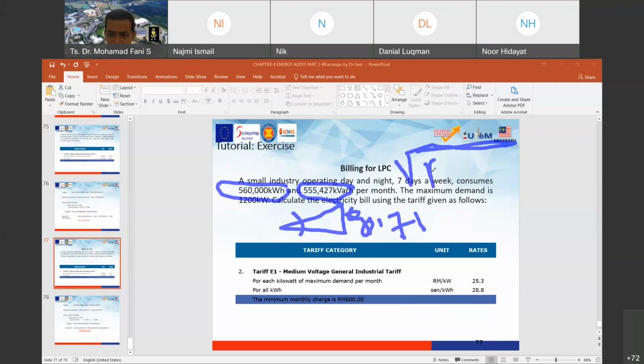Macam ni. Betul? Betul. Atau atas dia, yang ni bahagi dengan kilowatt hour bahagikan dengan yang set tu. Okey, kilowatt hour tadi 560 ni bahagi dengan ni kan?